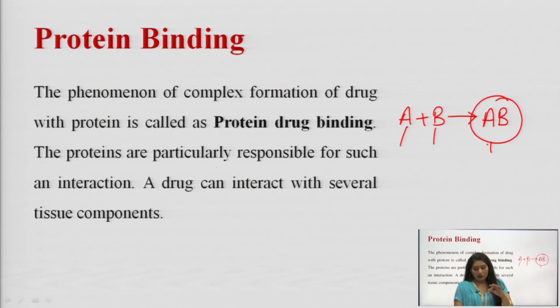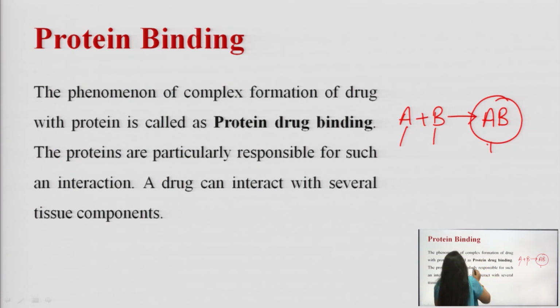Now comes protein binding. What is protein binding? The process of complex formation between the protein and the drug is known as protein drug binding or protein binding. So, protein binding is also a type of complexation, and it has wide application in pharmacy.